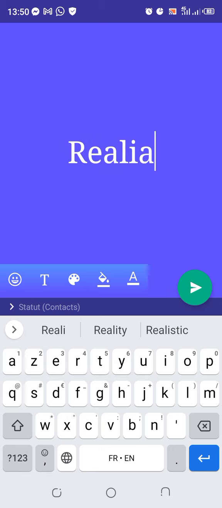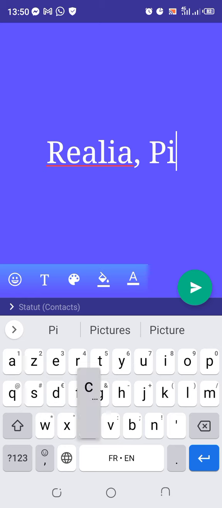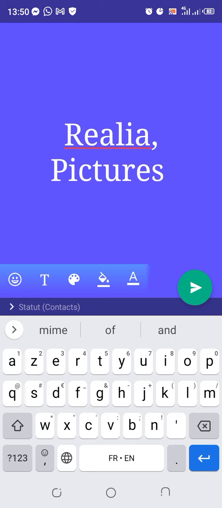After realia, I have enumerated what we call a picture. So in picture, you know that it's sometimes impossible for a teacher to bring the real object into class when he is introducing a new word. For instance, like sheep. He wants to teach sheep to his students.